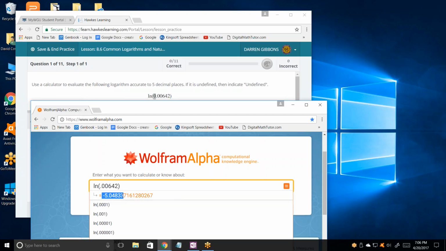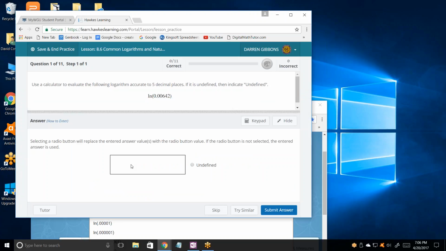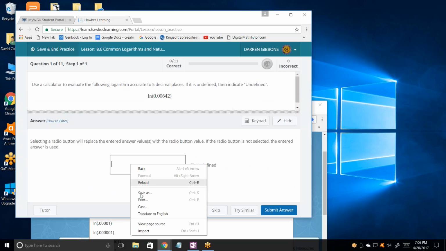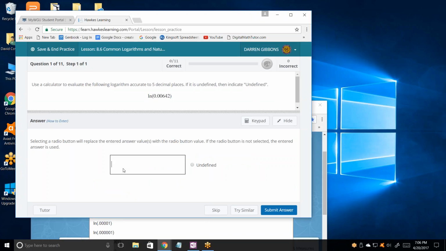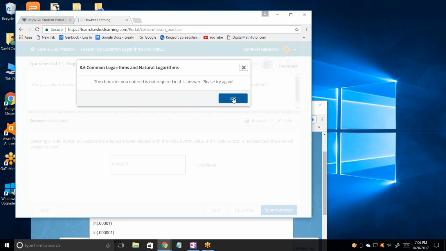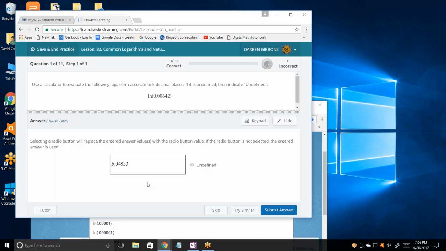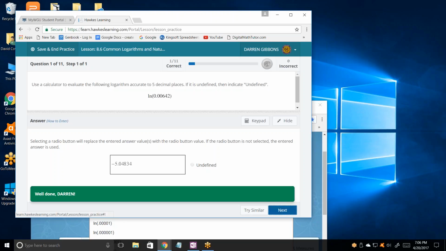Let me copy and paste it and see whether they like it or not. Whoops. They don't want me to paste it, apparently. That's kind of odd. I knew I hadn't made the 5th digit correct. It's a minus. I wonder why it didn't carry that over. So that's our answer, right? Mm-hmm. Let's see if it likes it. Okay, good.